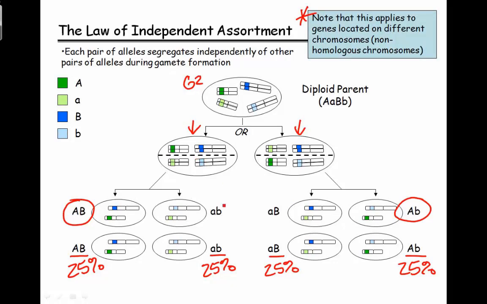And same thing with lowercase a. Half the time it's going to be with lowercase b, half the time it's going to be with capital B. So that's what we mean by the law of independent assortment. Any combination of the A's is equally probable with any combination of the B's. That is the foundation of our dihybrid crosses.